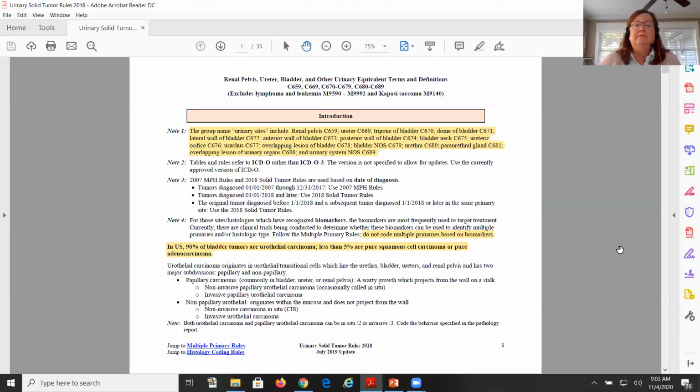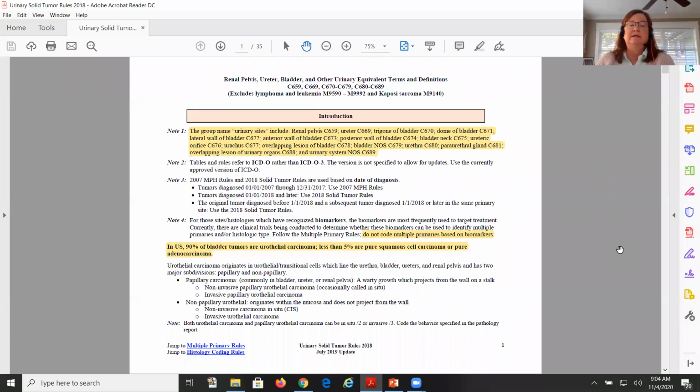The group name urinary sites includes the renal pelvis, the ureter, the bladder and all of its subsites, the urethra, including the prostatic urethra and the paraurethral gland, as well as our overlapping lesion of urinary organs, C688, and urinary system NOS, C689.